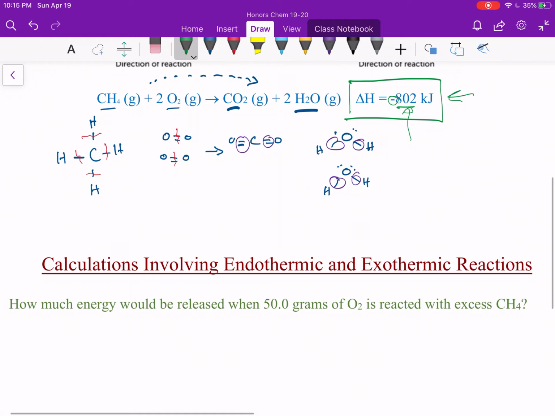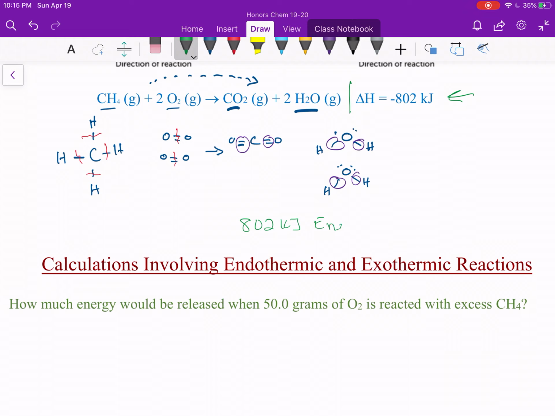Okay, if I look up here at the balanced chemical equation, what this is telling me is that if I have oxygen and oxygen is my limiting reactant, I'm going to get 802 kilojoules of energy released for every 2 moles of O2 that's reacted.